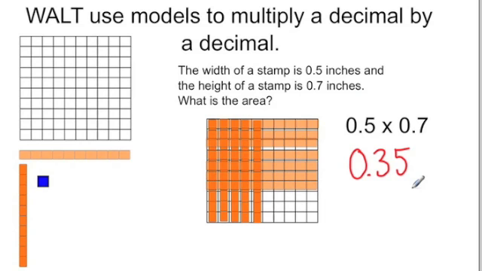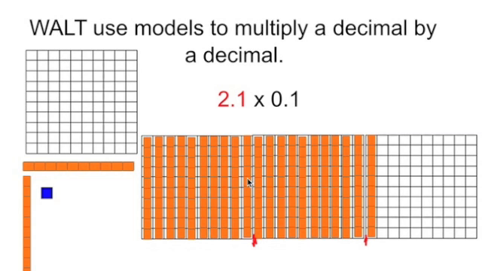Okay, so let's look at another one. I have 2 and 1/10 times 1/10. Another way to think about this is that I already set up 2 and 1/10 down here, and I'm trying to figure out what 1/10 of it is.